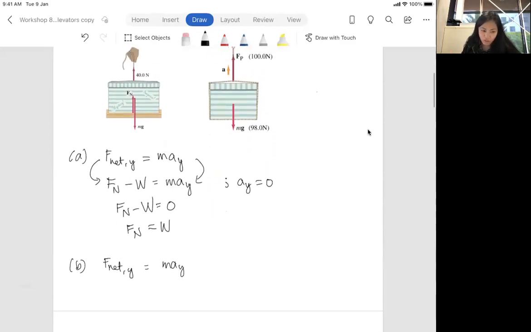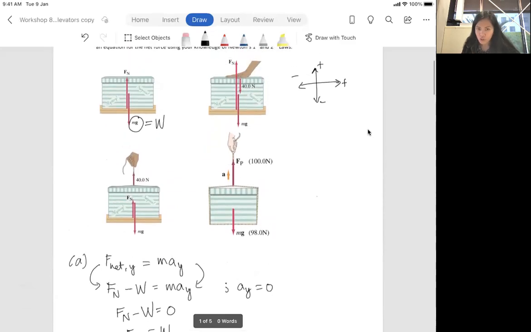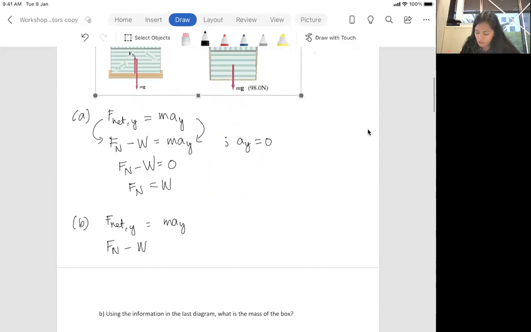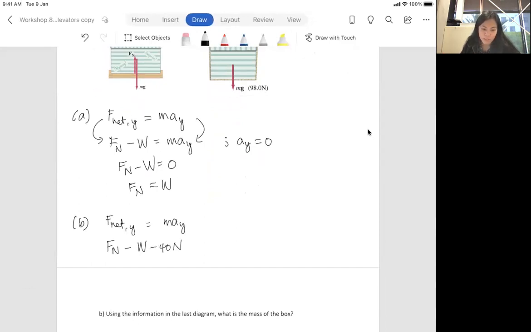You have the usual normal force that's positive, the weight force that's negative, the same as in the first question, but you have this additional 40 newtons that is downwards. So that will be a minus 40 newtons. That will be the net force, the left-hand side of Newton's second law of motion. The right-hand side is mass times acceleration along the y.